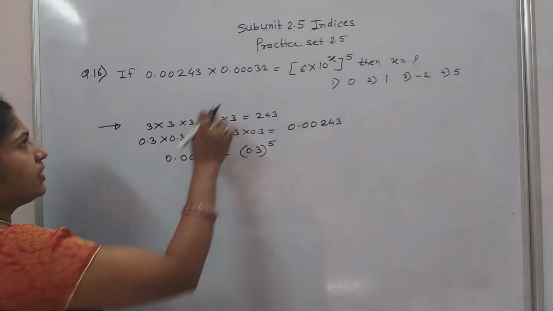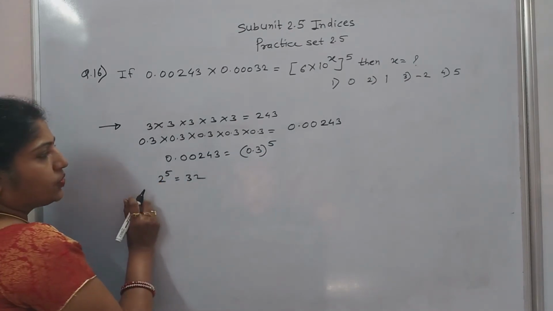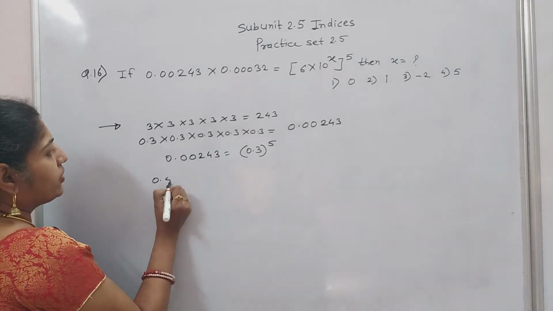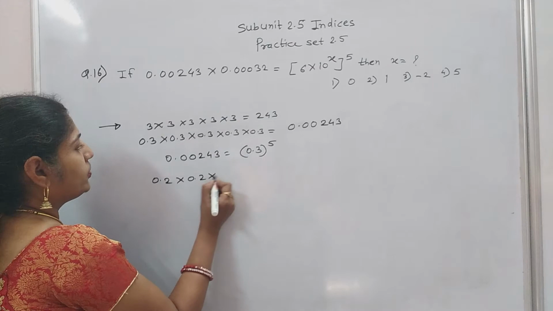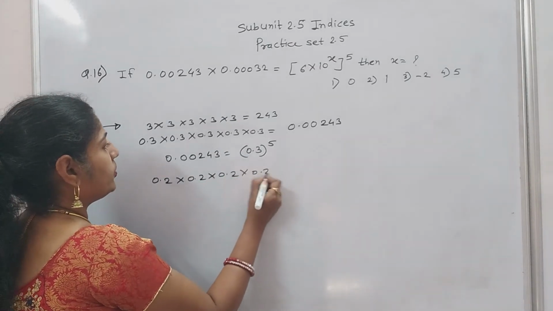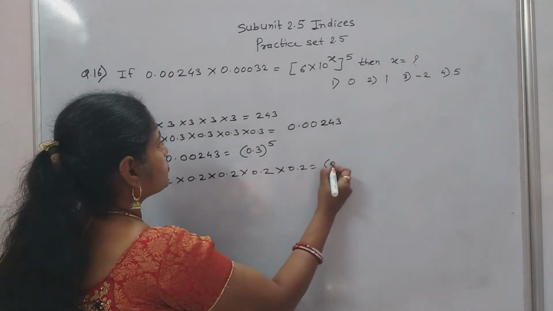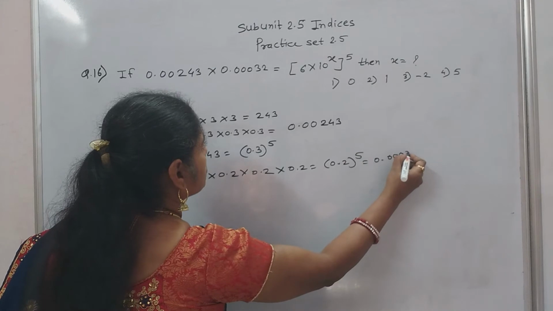And in a similar way, 2 raised to 5 equal to 32. So 0.2 into 0.2 into 0.2 into 0.2 into 0.2, 1, 2, 3, 4, 5. 0.2 raised to 5 is equal to 0.00032.